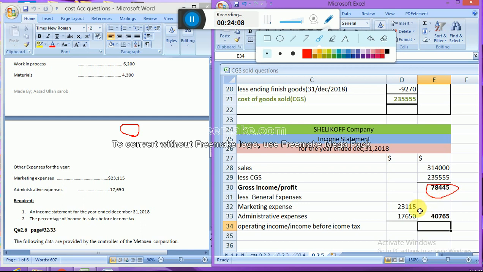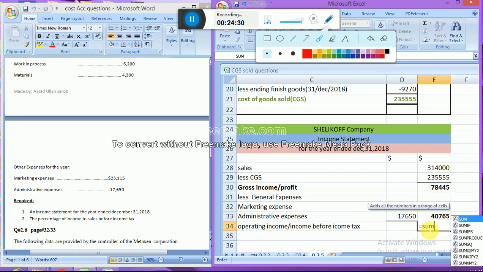Because some expenses are included, and the sum of those expenses is 40,765. So I will subtract these expenses from this gross profit. Clear now? So the answer will be our net income before interest and income taxes.